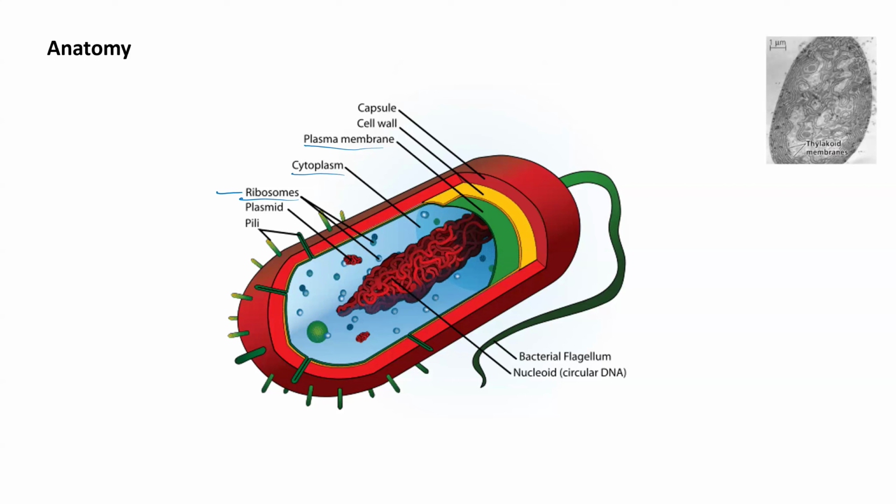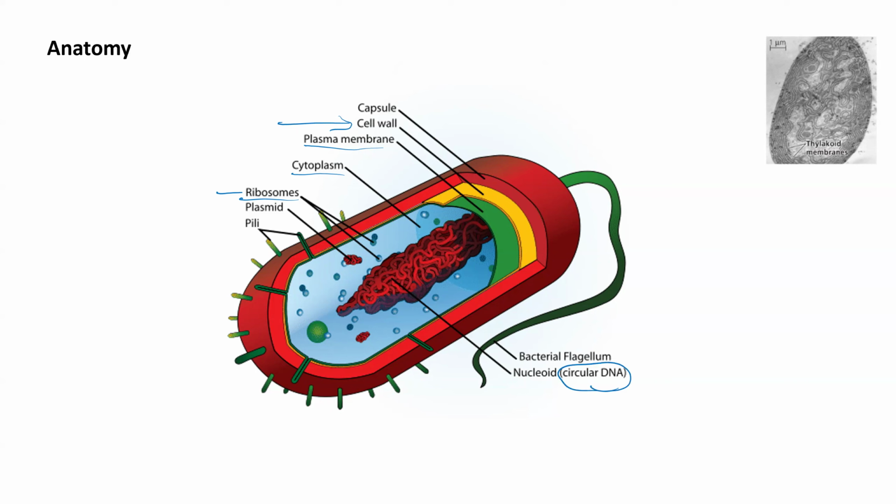And then we talked about the things that are common to prokaryotes. So the ribosome, cytoplasm, and plasma membrane are in all cells no matter what. Prokaryotes also have a cell wall, and they have this circular DNA. So those are characteristics of prokaryotes.